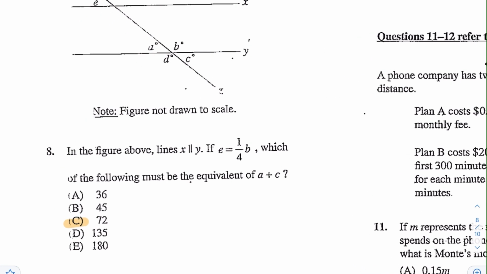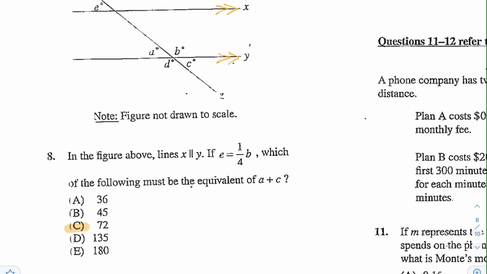Okay, next for question number 8, in the figure above, line X is parallel to line Y. So you can draw this symbol here to represent the parallel nature. Now, if E is equal to 1/4 of B, which of the following must be equivalent to A plus C? All right, so E is 1/4 of B, and B is this angle here.